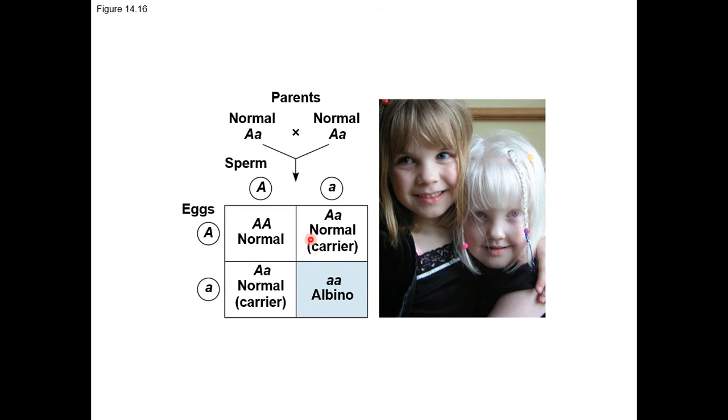These individuals are not albinos because they have at least one dominant allele. You only have albinism if you are homozygous recessive, with two recessive alleles. Your two cute sisters, they're adorable. She's adorable, right? But she has two recessive alleles.